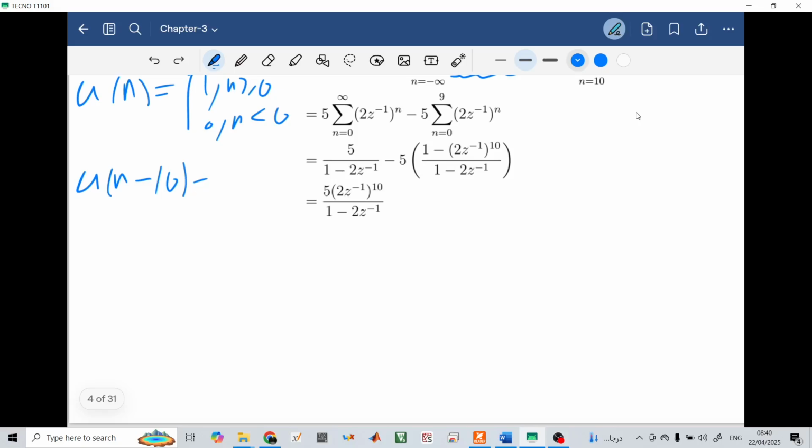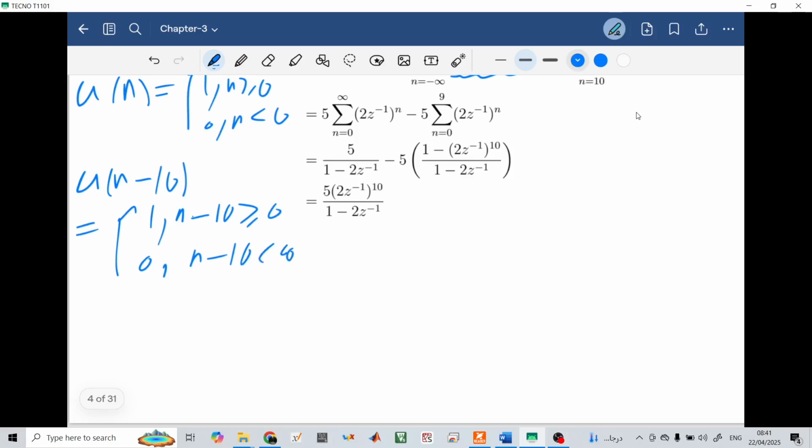let's write it down below it, equals 1 when n minus 10 is greater than or equal to 0, and 0 when n minus 10 is less than 0.